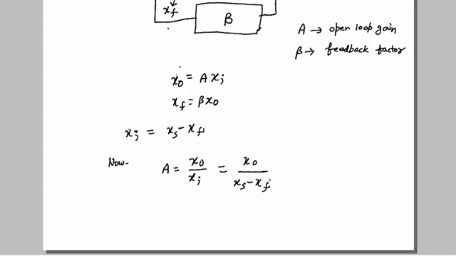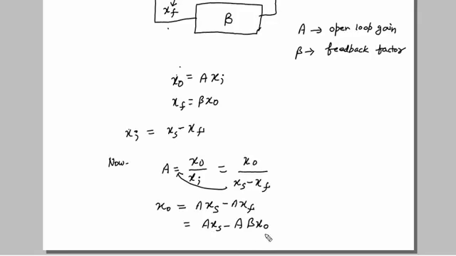Or then we can write x naught equals to A xs minus A xf. xf is beta x naught, so we can write A xs minus A beta x naught.